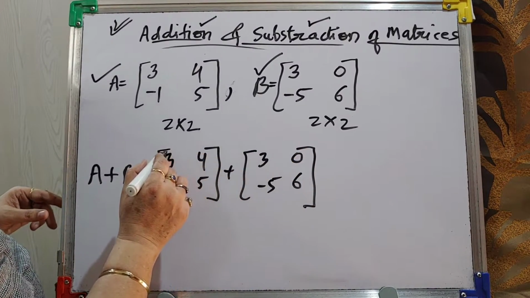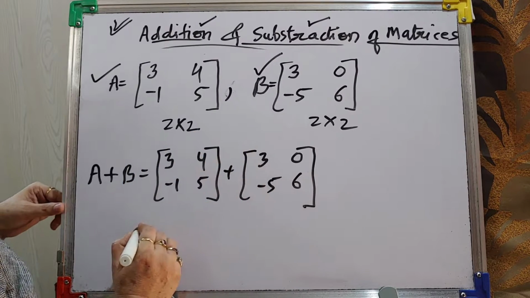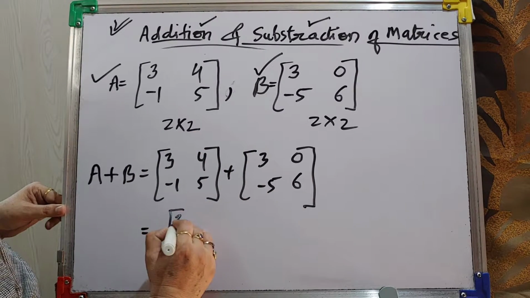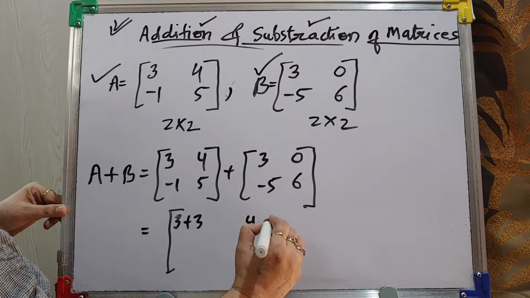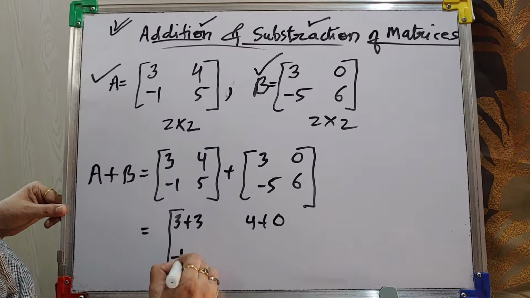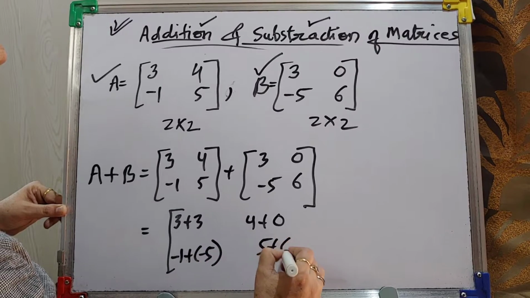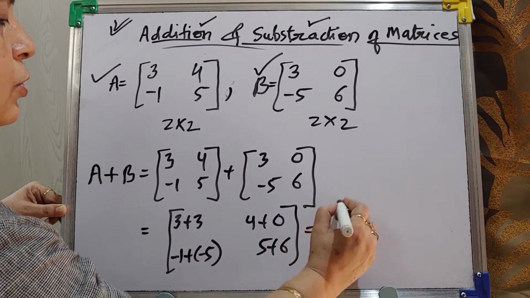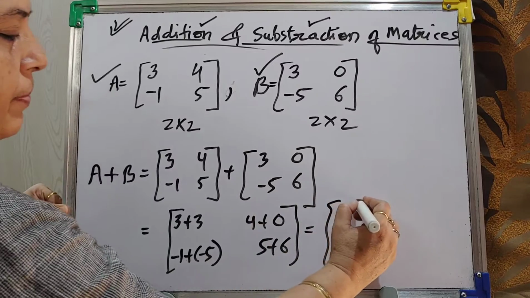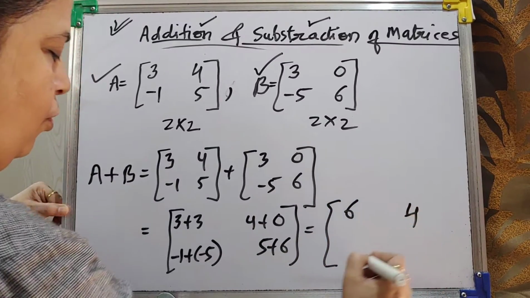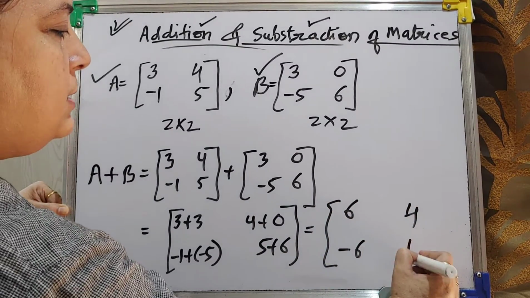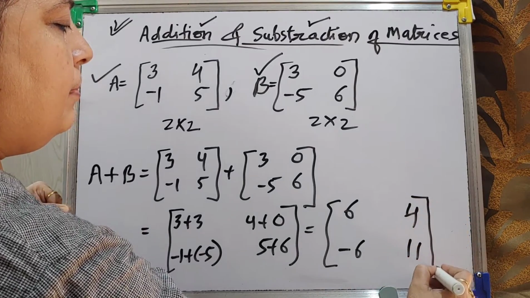Then the first member gets added to the first member. So 3 plus 3, 4 plus 0, minus 1 plus minus 5, 5 plus 6. So your A plus B matrix will be 6, 4, minus 6, 11.